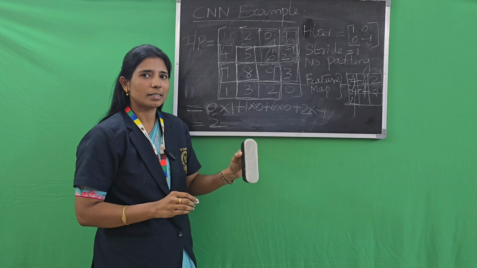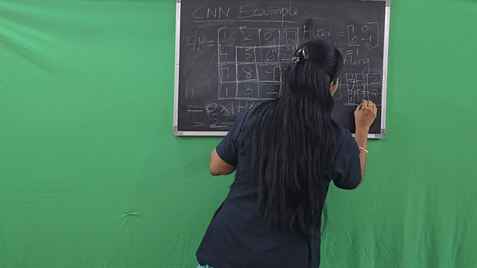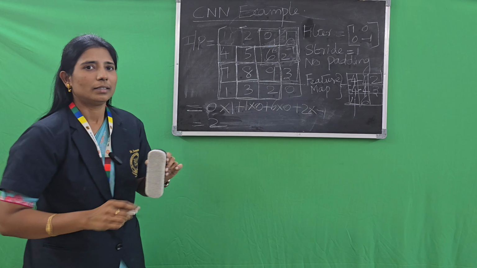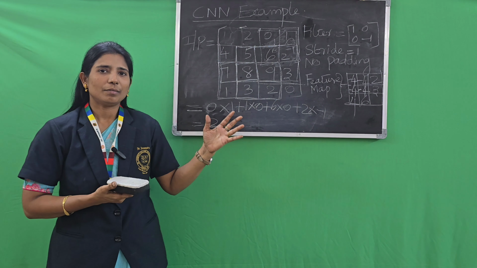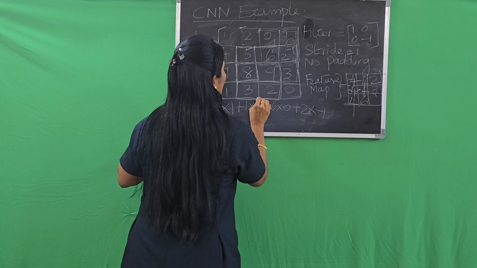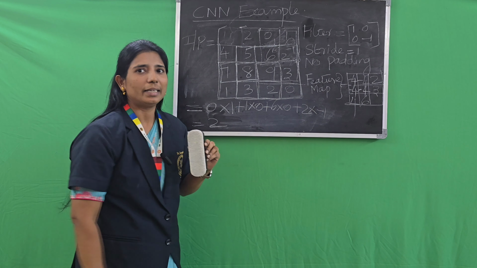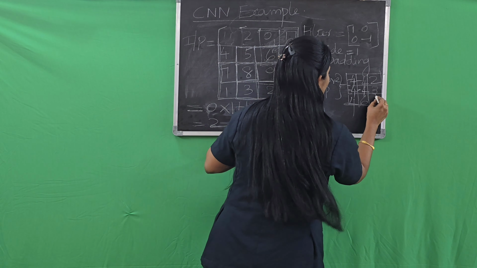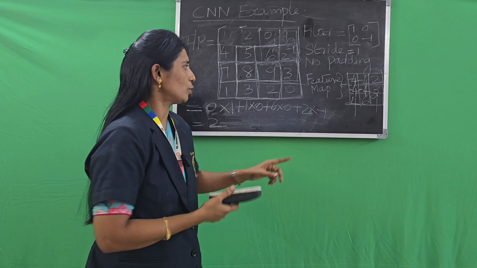Then the result 6 will be stored here. Then finally we can place the filter here. Then the result 9 will be stored in the feature map. So this is the final feature map.